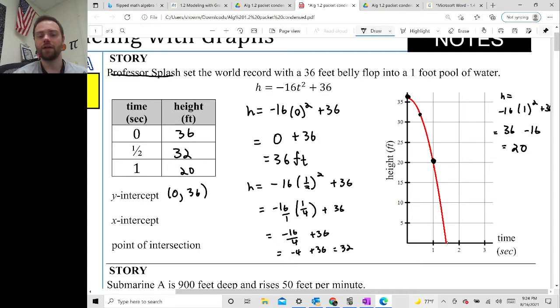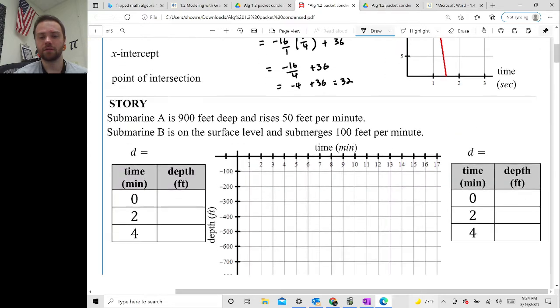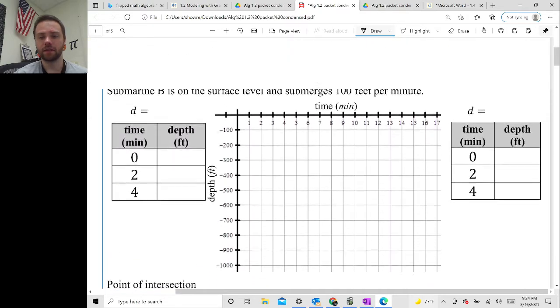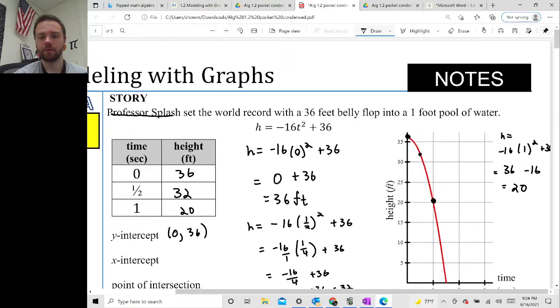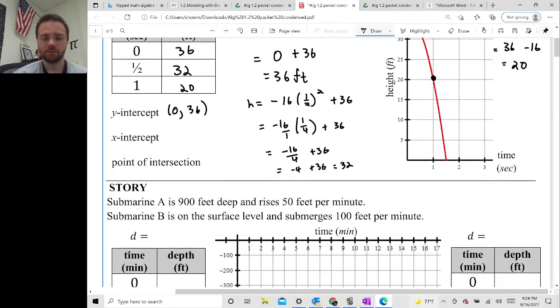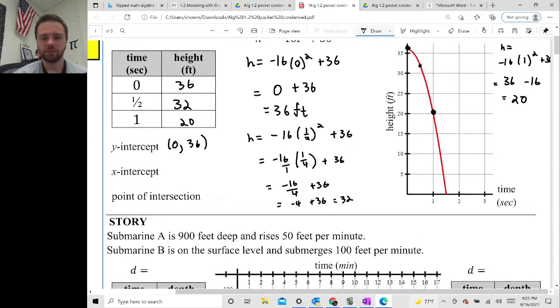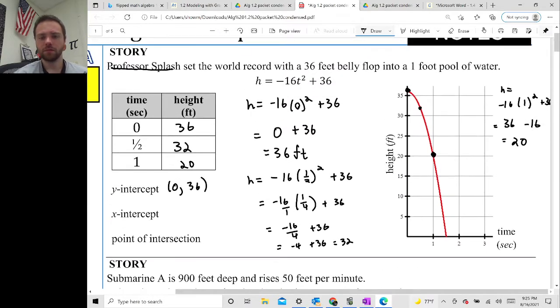So I want to know the x-intercept and the point of intersection. Not exactly sure what they mean by point of intersection. So if you kind of look at the graph, kind of seems like 1.5 is where he's going to hit the x-axis.